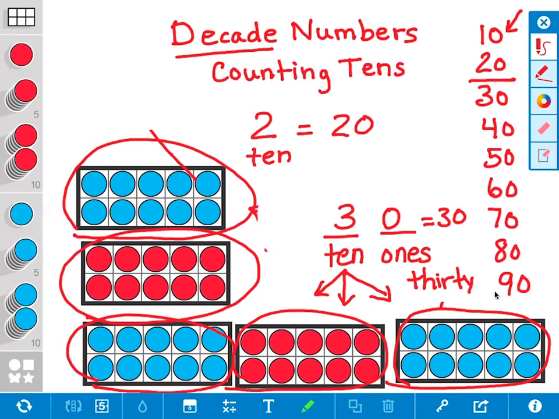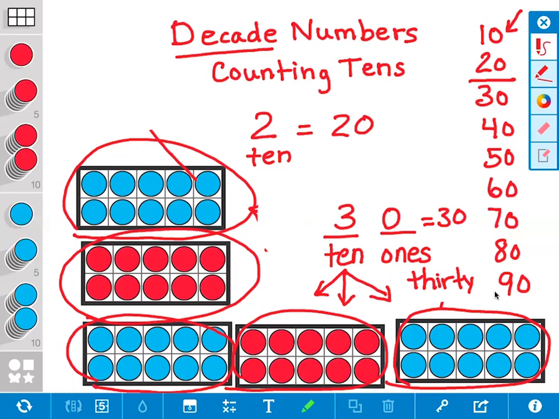If you were to do 50, you would have 5 full groups of 10. If you had 60, you would have 6 full groups of 10. If you had 70, you would have 7 full groups of 10. If you had 80, you would have 8 full groups of 10. And if you had 90, you would have 9 full groups of 10.